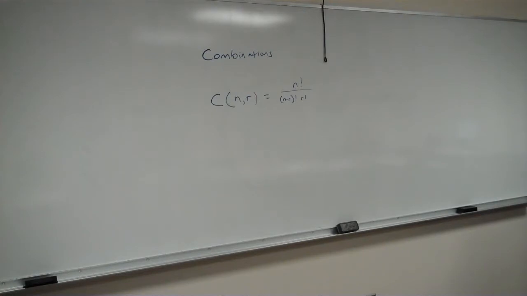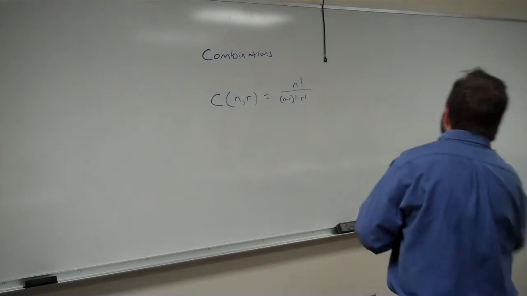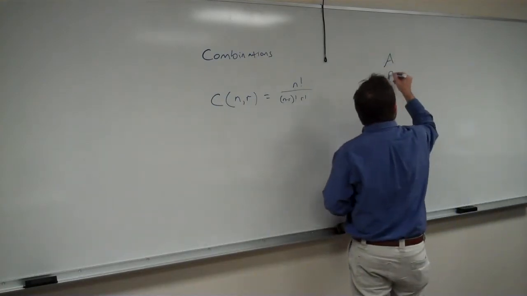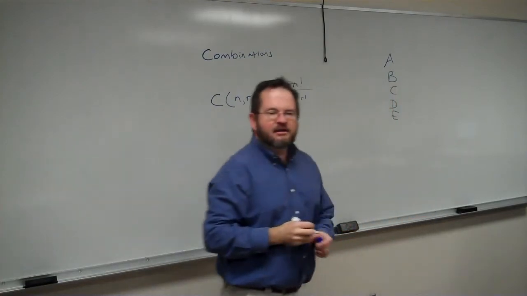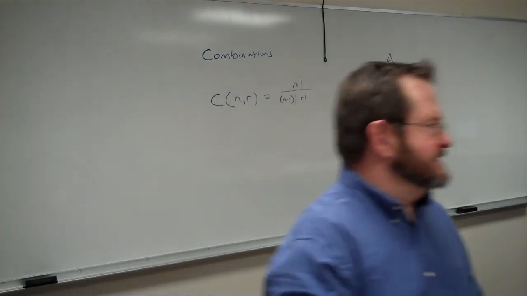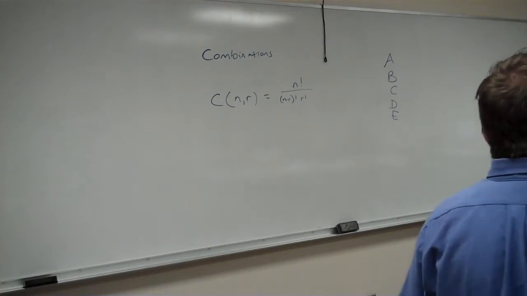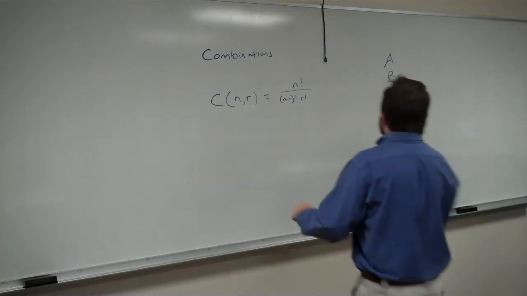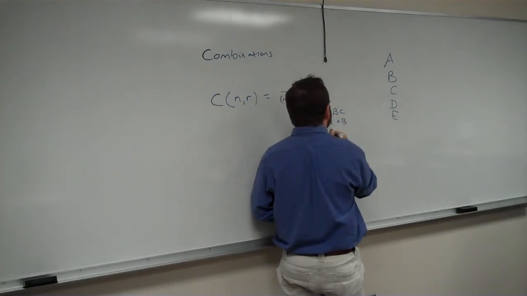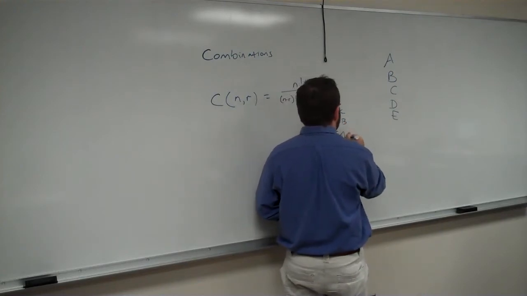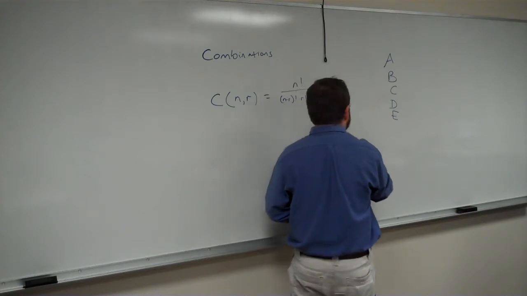If I'm picking from 5 books, remember the other day we did this? We had algebra, biology, chemistry, Dutch, and English. And we only picked Dutch because I needed a D. And you're picking 3 of them to put on the shelf. And we were playing this game where ABC was different from ACB, which was different from BCA, which was different from BAC, and so on.